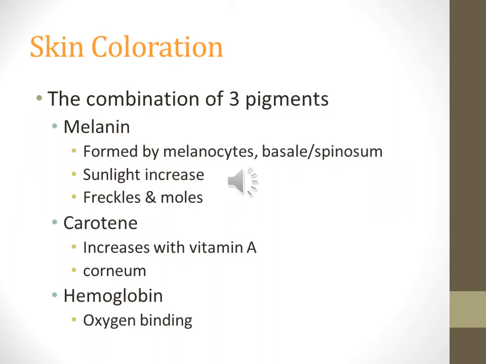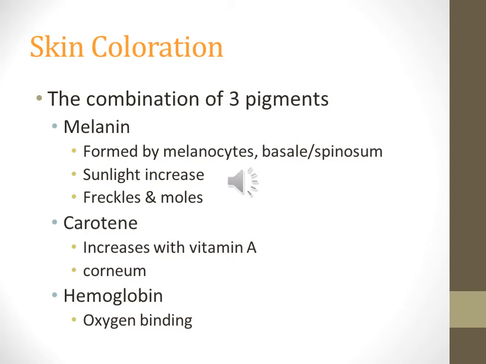All humans have an equal number of melanocytes. So skin coloring reflects the kind and the amount of melanin made and retained. Right? And that's where we get that color variation. Carotene is a yellowish orange pigment found in corneum cells and also found in the fatty dermis.